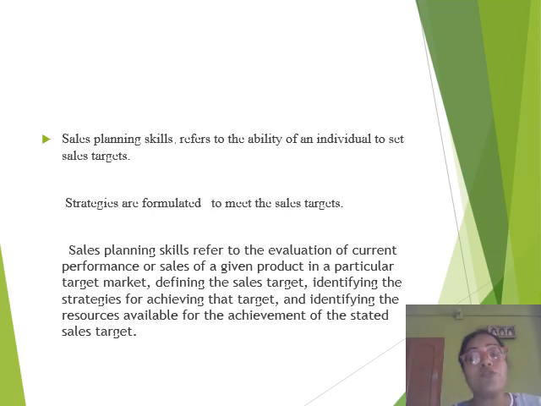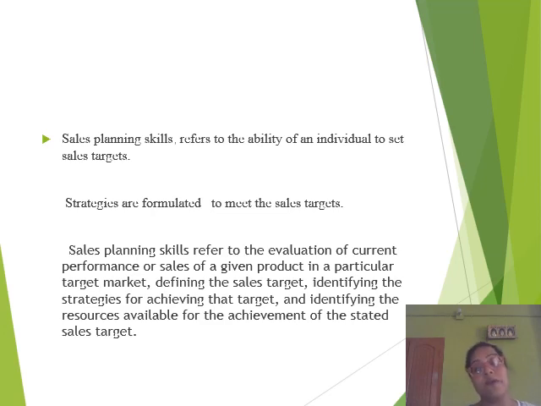Sales planning refers to the evaluation of current performance. Sales planning skills also refer to the evaluation of the current performance of the salespeople, of the organization, or of sales of a given product in a particular target market, defining the sales target, identifying the strategies for achieving the target, and identifying the resources available for the achievement of the stated sales target.